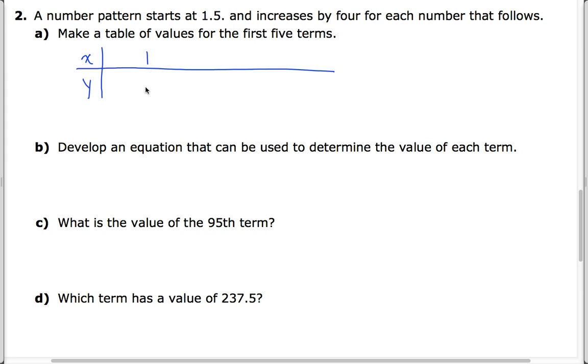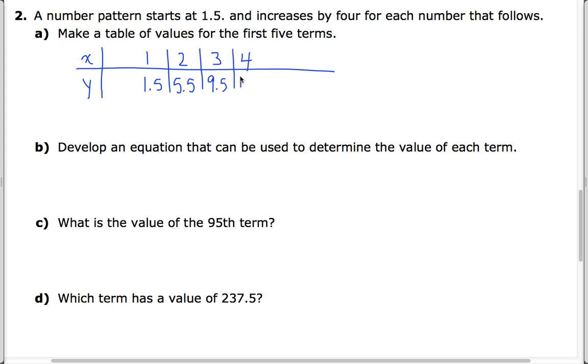So the first number is 1.5. The second number is 4 more than that, which is 5.5. The third number is 4 more than that, so it's 9.5.